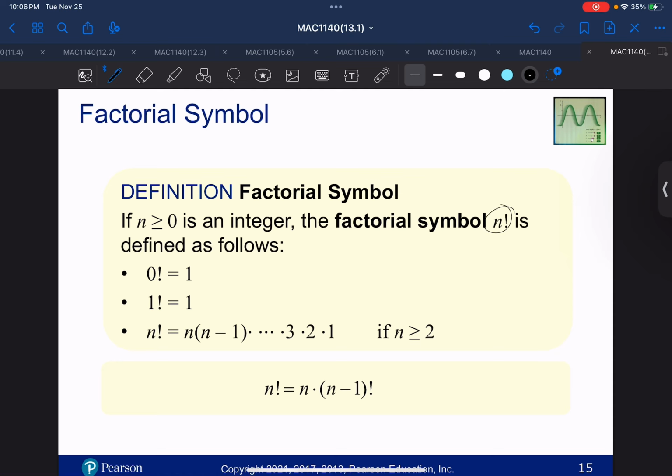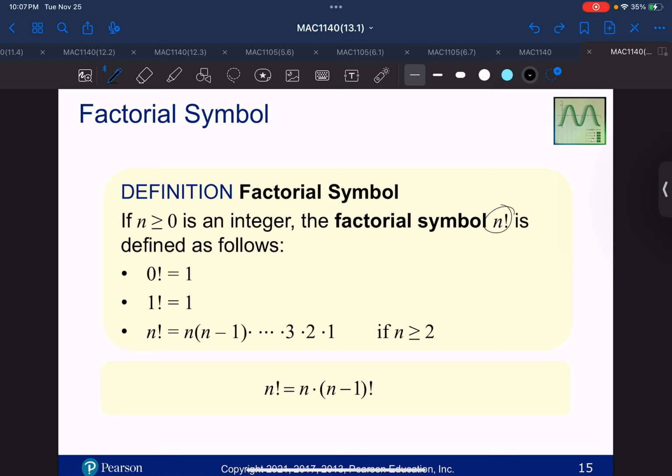It looks like an exclamation mark, but we call it a factorial, is defined as follows. So 0 factorial is always equal to 1, first of all. And 1 factorial is always equal to 1. And n factorial is always equal to n times n-1 times n-2 times n-3, ... until we get to 1.